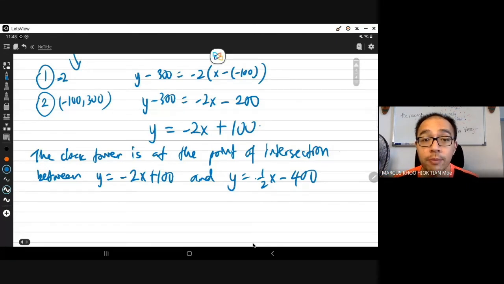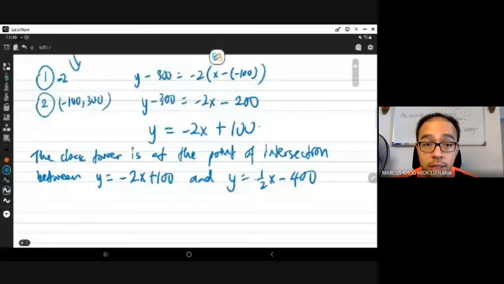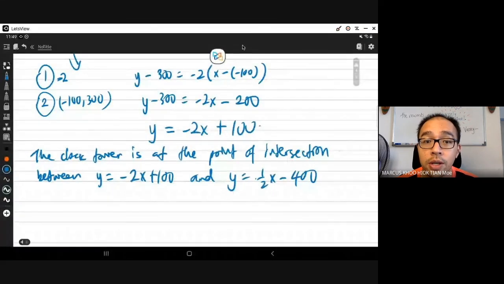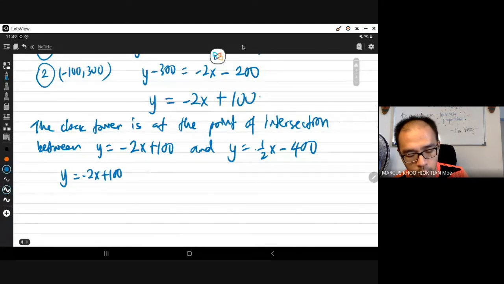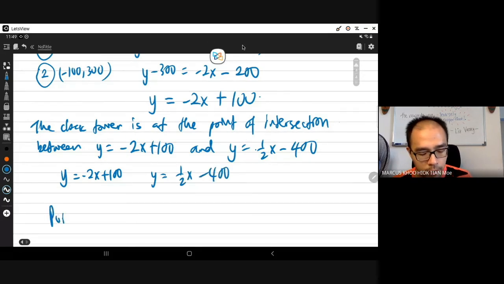Then we can find the point of intersection already using these two. Can you try it now, please? Find the point of intersection of y equals negative 2x plus 100 and y equals half x minus 400. What is my point of intersection?